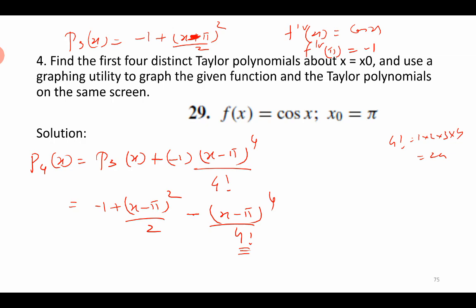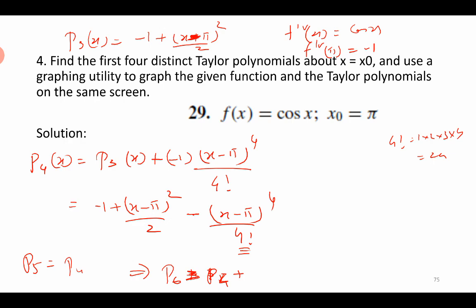Obviously, if you find p5, the next derivative will be 0, so it will be p4. Okay, so if you find p6, it will be p5, which is nothing but p4, so you can repeat p4 here, plus the sixth derivative, which will be positive 1, since the fourth derivative was negative 1.